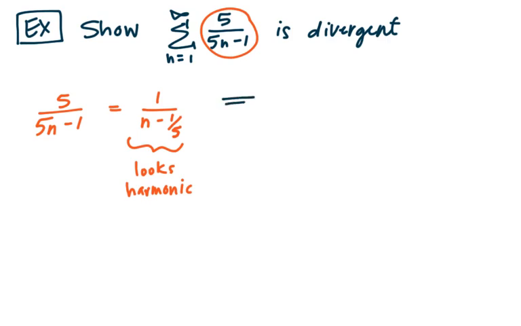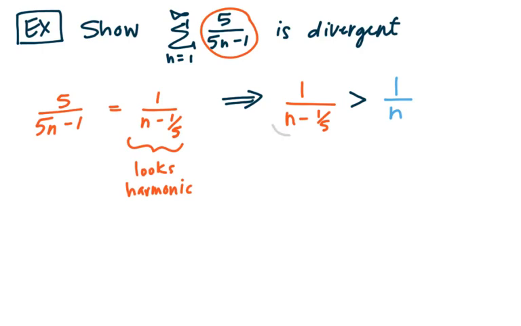So we know that 1 over n minus 1/5 is always going to be bigger than that harmonic series 1 over n.